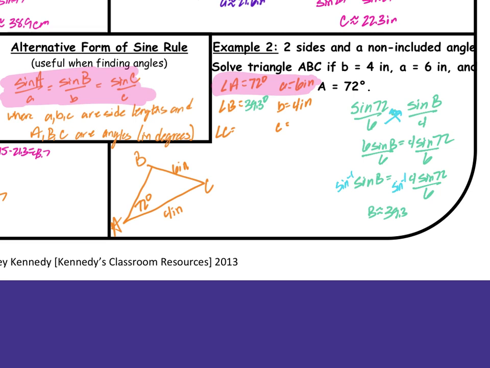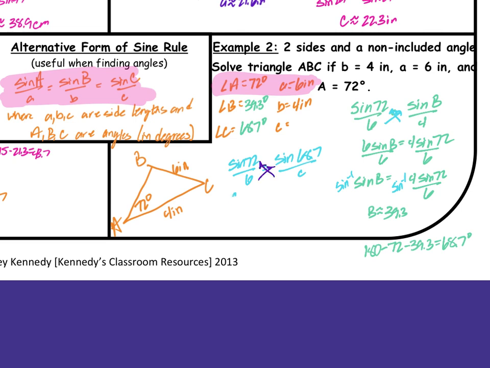And now, because I know that angle, I can find angle C by going 180 minus 72 minus 39.3, which is 68.7 degrees. So angle C is 68.7 degrees. Now I can find side C. I'm still going to use my A, so I have sine of 72 over 6 equals sine of angle C, which is 68.7 over C. Just like before, I'm going to cross multiply.